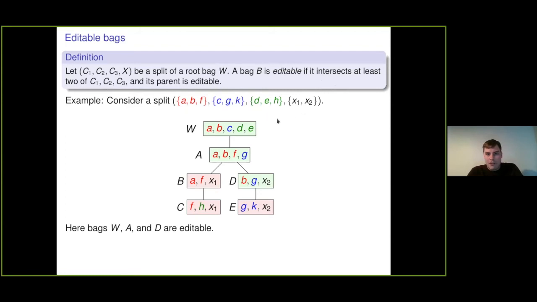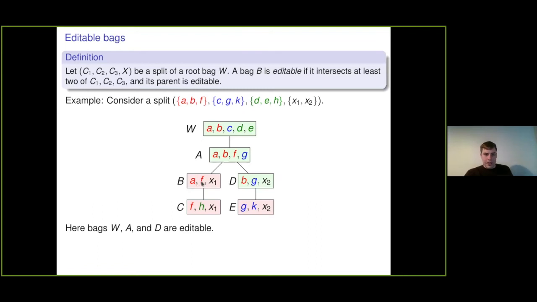So we have some split of this root bag, and this root is always editable. Then this bag A here is editable because it intersects C1 and C2, and its parent is editable. But this bag B here is not editable because it intersects only the component C1.